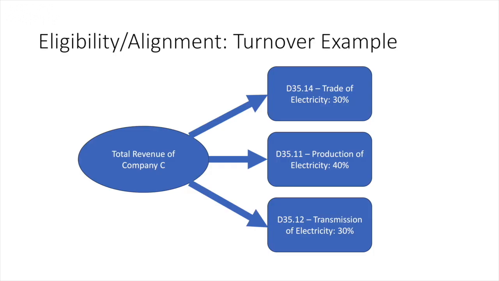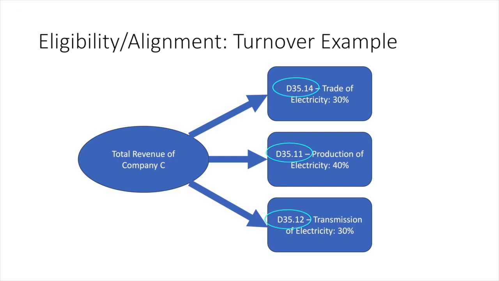Suppose company C generates 30% of its turnover from electricity trades. Another 40% of its turnover comes from electricity production. And finally, 30% of turnover comes from transmission of electricity. So we can split total turnover based on 3 different NACE codes.